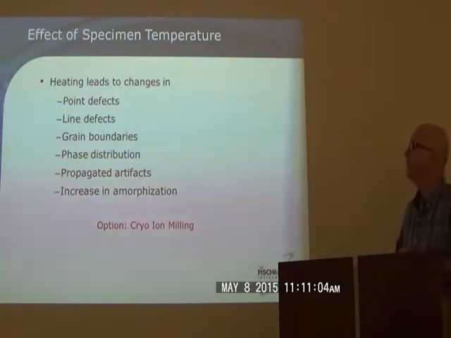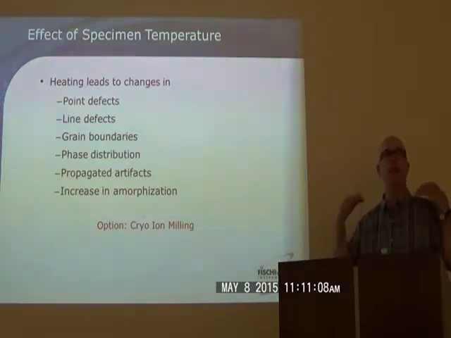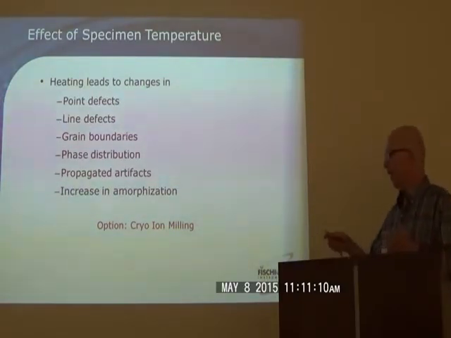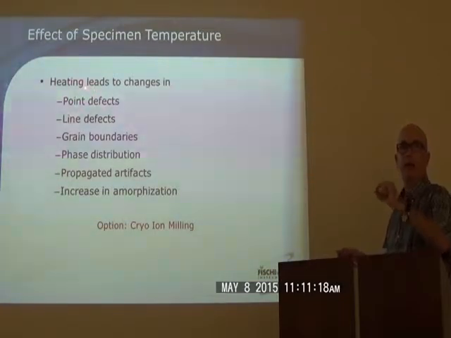It depends on the temperature, but for most materials we don't want to alter them. If the temperature is too high, we can create excess point defects, which are basically empty spots where an ion has come out from the material and there's just a hole left. We can have a whole row of those, what's called a line defect. We can have groups, which are sort of a three-dimensional defect known as grain boundaries.